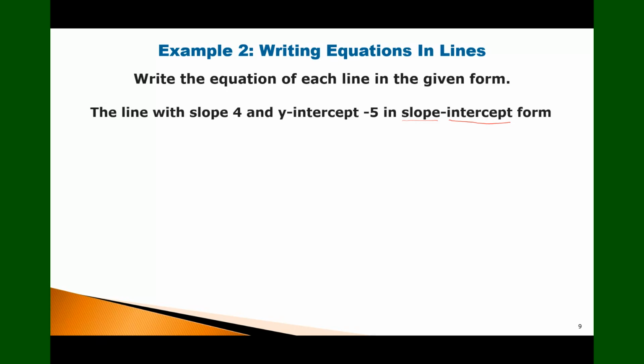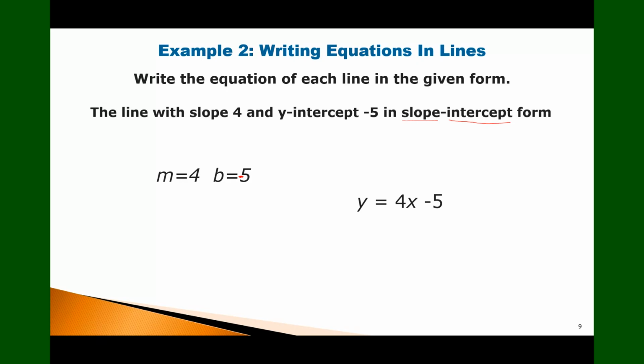So that means your m is the 4, and your b is, I left off a negative there, your b is a -5. So since I have both the m and the b, I can immediately plug this one into slope intercept form, which is, remember, just y equals mx plus b.